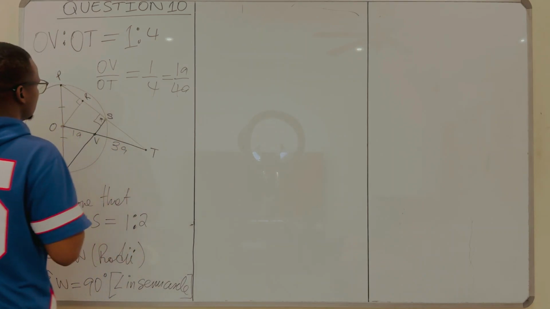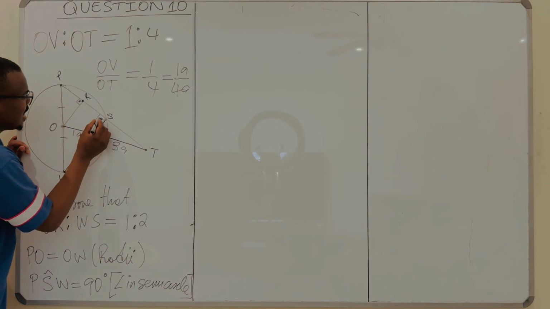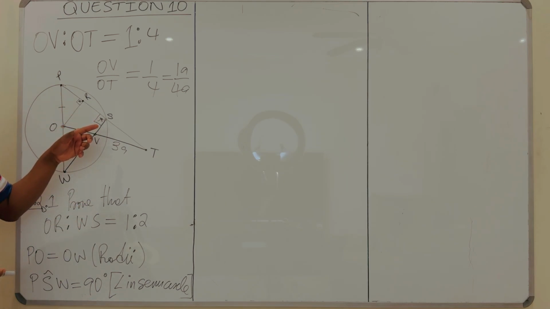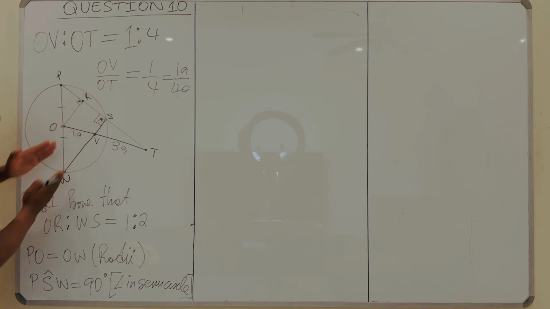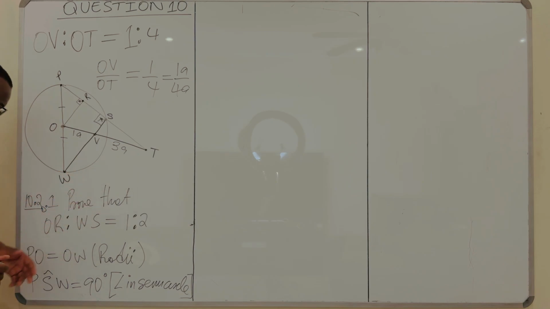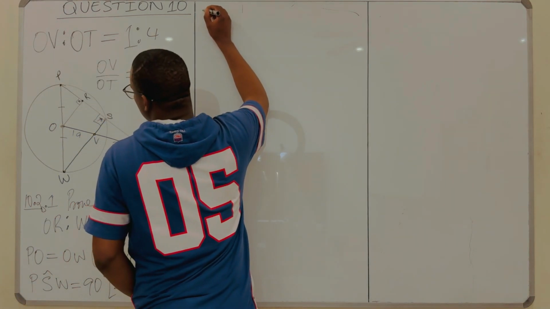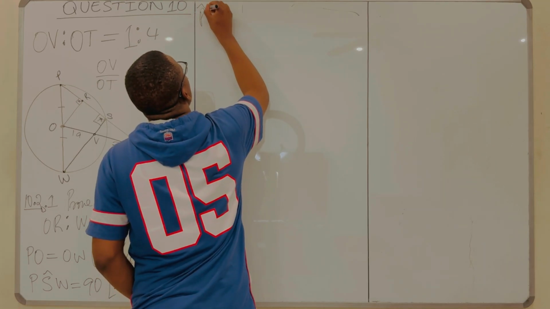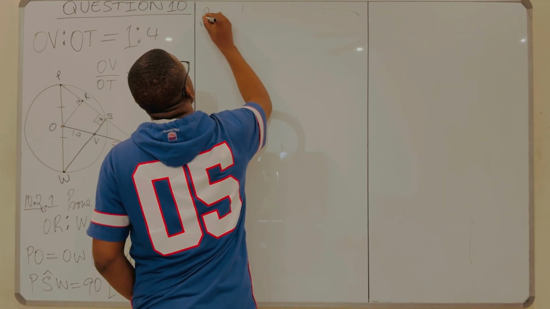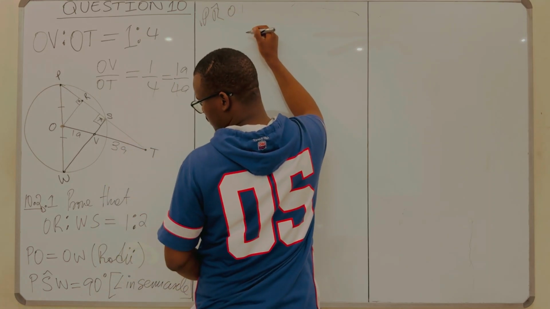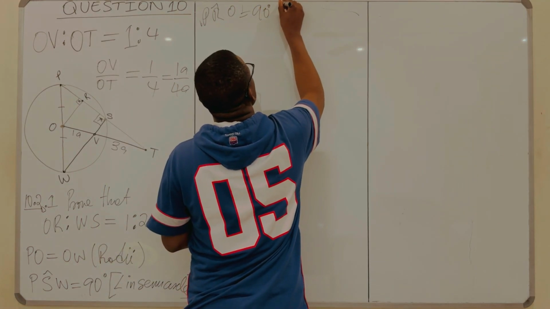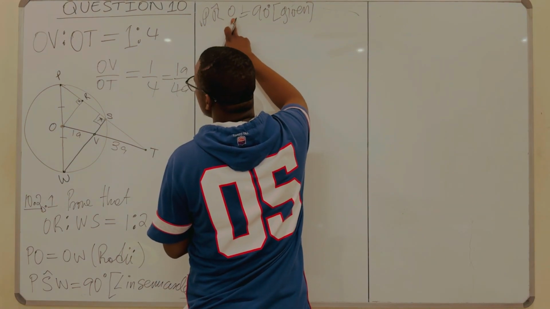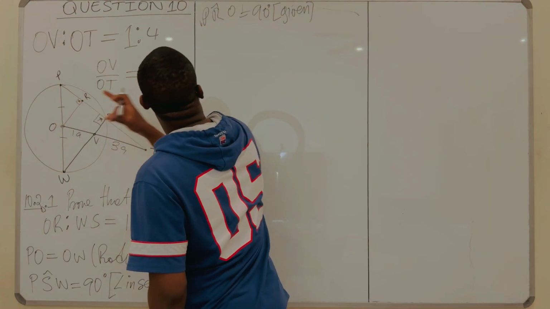In this case, this angle here and this angle here are equal, and they are both equal to 90 degrees. If they are both equal to 90 degrees, it means these two lines have the same orientation. They are parallel. So angle PRO is equal to 90 degrees, you are given this. So the angle R between PR and RO is 90 degrees, you are given.